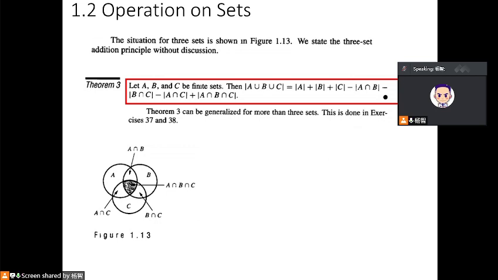Theorem 2 is the inclusion and exclusion property for two sets.